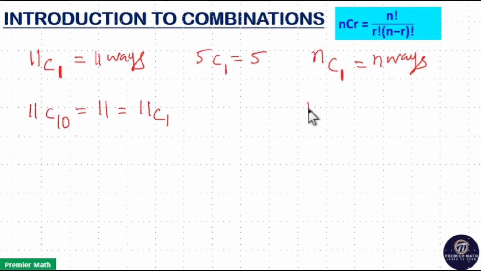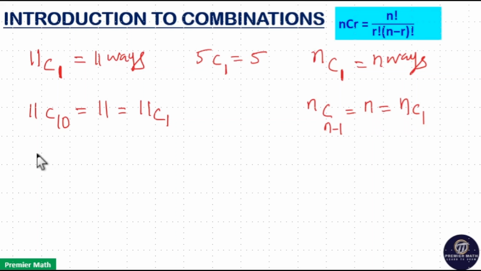That is, if there are n things and you are purchasing n minus 1 things, then your number of selections is n ways. So nC(n minus 1) is equal to nC1, since the difference between n and n minus 1 is 1. nC1 is equal to n.